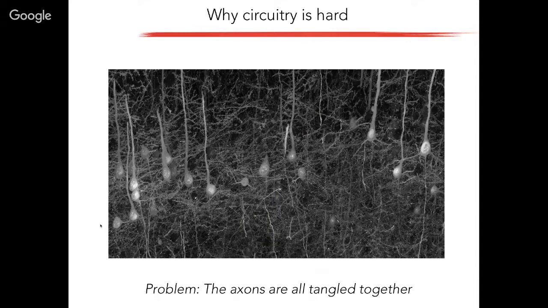All right, so why is circuitry hard? That's shown here. The problem is simply that the axons are all tangled together. At least that's not simply, but that's really one of the big challenges. You see a bunch of neurons here, a bunch of wires. I'm not sure if you can see my cursor, but all those wires are somehow related to neurons depicted here, and also neurons not on the screen.